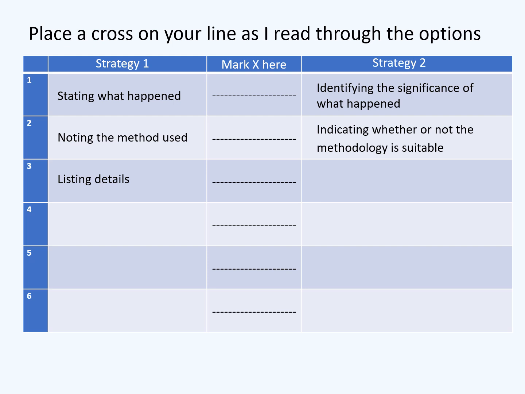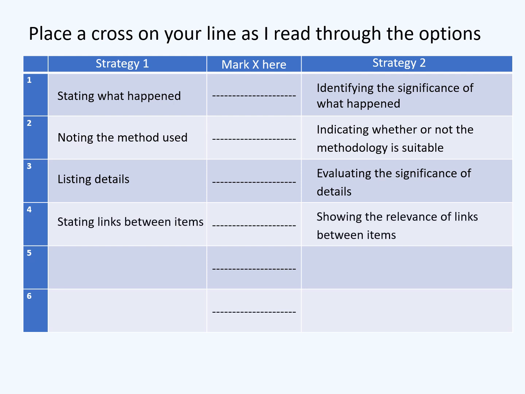Number 3 is listing details in your writing. The second strategy would be evaluating the significance of details. Again, add your cross to the line. Number 4 is stating the links between items or showing the relevance of links between those items. Put your cross on the line.